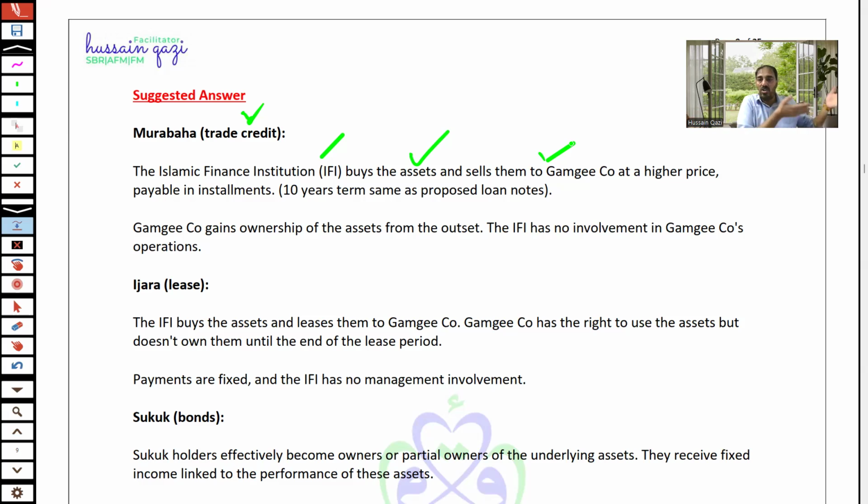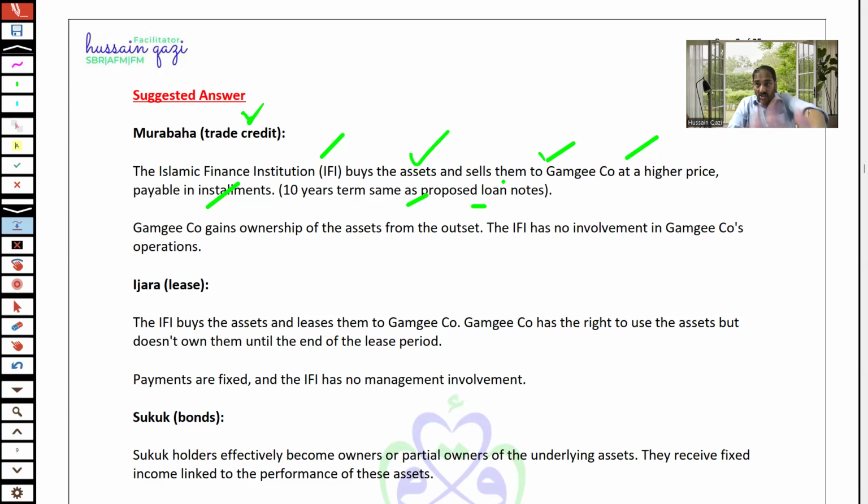If the borrower replies that they want to buy a machine and expand operations, the bank replies, okay, we will buy it and sell it to you at a higher price, payable in installments over 10 years, same as the proposed loan. So this is the recommendation.